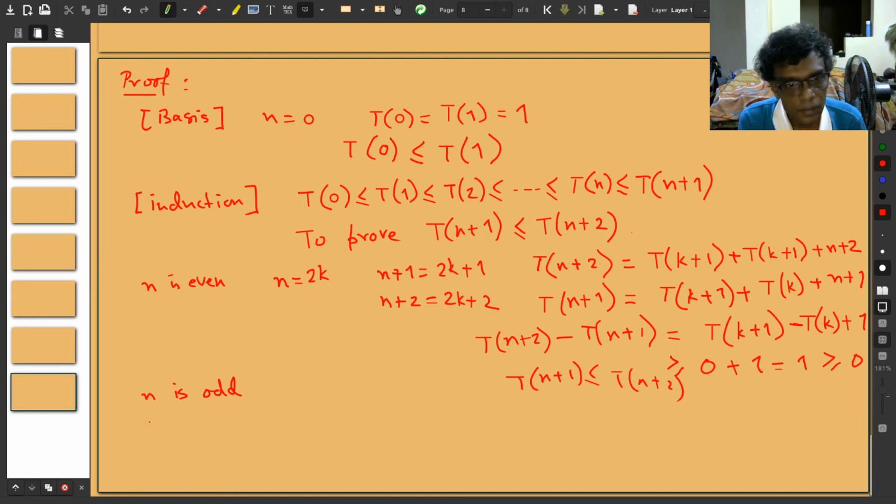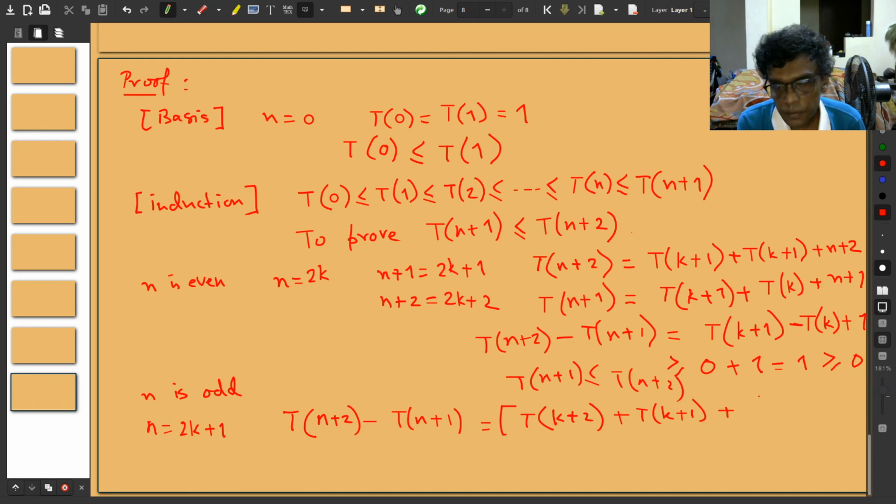And in this case, it is very similar. If n is already of the form 2k plus 1, then in Tn plus 2 minus Tn plus 1, the first one will be 2k plus 3, right? 2k plus 3 means k plus 2, k plus 1, plus n plus 2, minus 2k plus 2, so this is 2k plus 1 plus 2k plus 1, Tk plus 1, plus n plus 1. This will simplify, this and this will cancel.